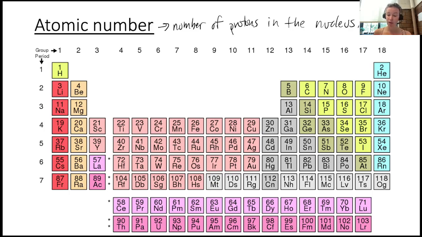So the number of protons determines which element we're talking about here. The atomic number tells us the number of protons and tells us which element. So for example, hydrogen, atomic number 1, has 1 proton in its nucleus. And that tells us, yes, it must be hydrogen.